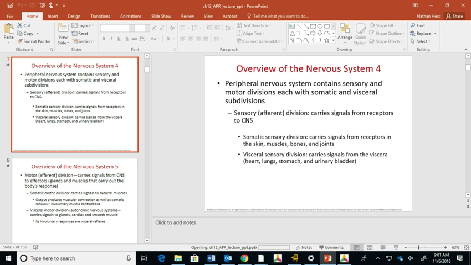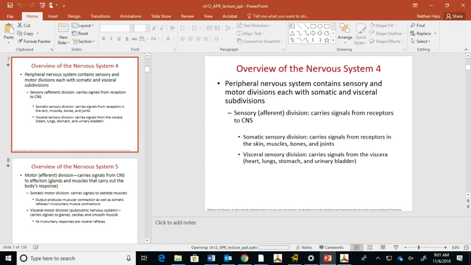We can then take that afferent, the sensory division, and break it into two pieces. First, you have the somatic sensory division, and then you have the visceral sensory division. Now, when I say visceral, what does that word mean? Like organs? Yeah, like deep, gut. So this is the sensations of things that are happening in the viscera: your heart, your lungs, your stomach, your bladder, the internal type stuff.